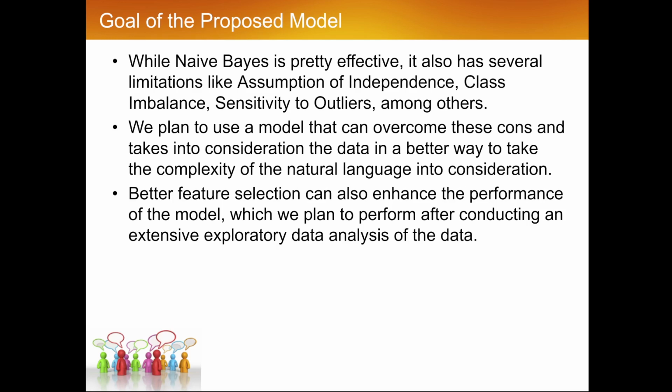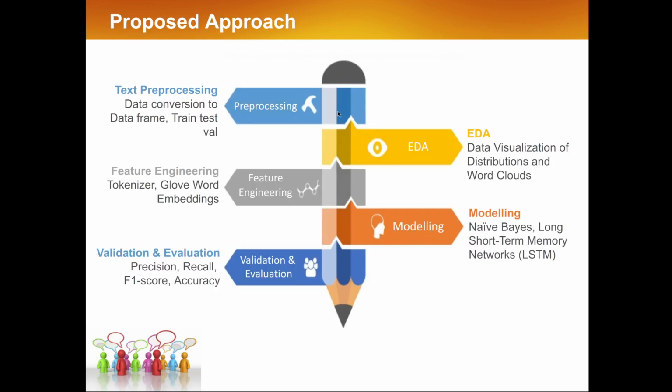looked forward and implemented an LSTM model, and in this LSTM model we used the GloVe embeddings, which were trained on 6 billion tokens, and it would output a 50-dimensional vector. In the approach of classifying these comments, we followed this flowchart.